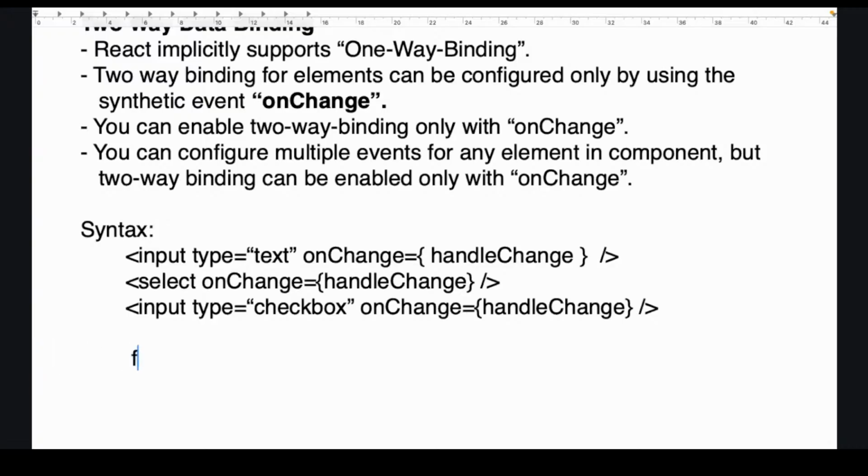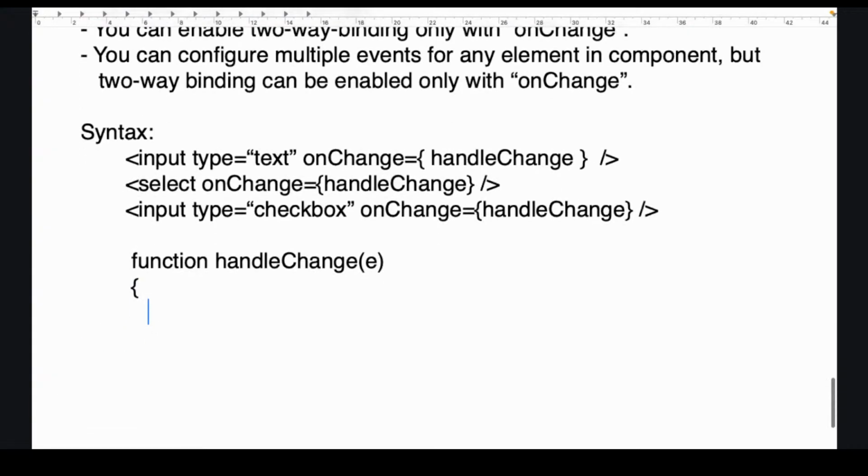And how do you access the data? Handle change uses an event argument. Through that, it can access the data of that element. How do you access it? e dot target dot value. It returns the element value.